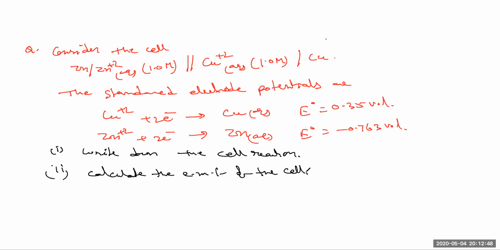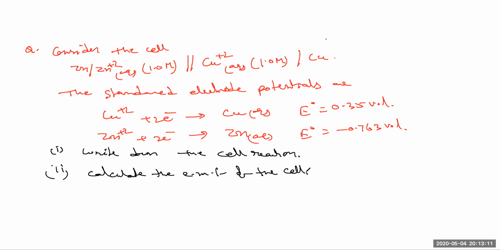Here the galvanic cell notation is given. So what is the notation? Zinc undergoes oxidation, and zinc plus 2 concentration also is given. Copper undergoes reduction, Cu plus 2 to Cu, and copper plus 2 concentration also is given. By using the cell notation, you have to write the cell reaction, right?